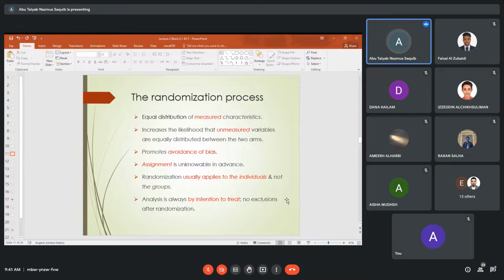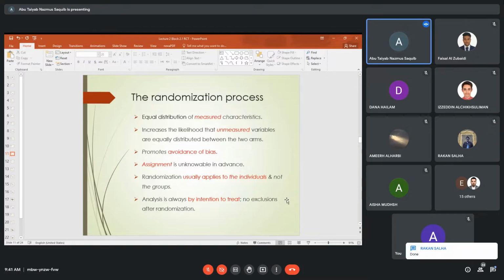Now, in real life, we do not do the coin toss. We use a random table, or we ask the computer to generate it randomly, like doing a coin toss for us. The concept is similar. This is a very simple thing, but at the same time, it is very, very powerful.